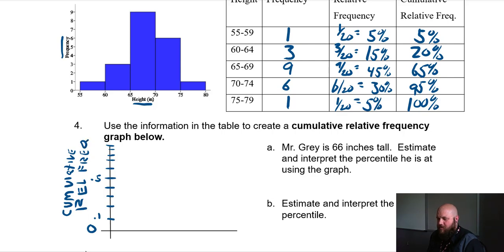Okay, so we have that going there. Now let's start out with what we're going to do on our x-axis. And I would say let's make this our heights, right? So I'm going to label that height. And we're going to say that we'll start right here and say this is 55.